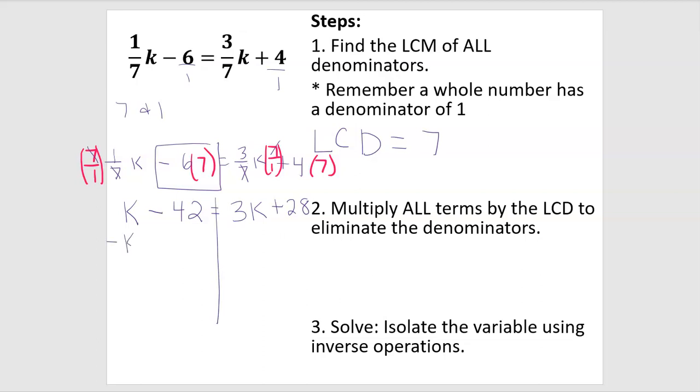So I'm going to get rid of k on both sides. 1k. Remember, this negative is part of this term, so this is actually negative 42. And this is 2k. I can now subtract 28 on both sides.